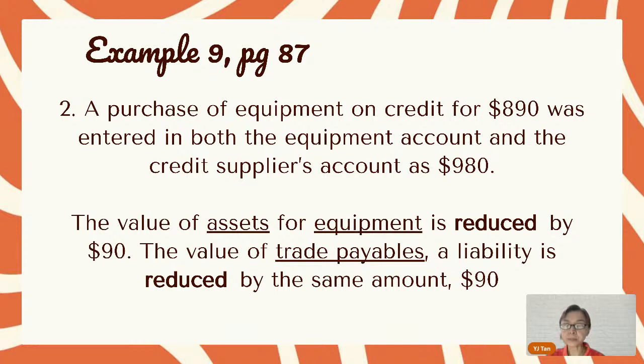Let's have a look. The value of the asset, the equipment, by right should be 890 and now we recorded it as 980, so we have to reduce 90.